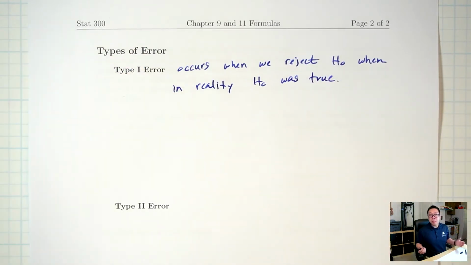So we made a mistake, right? We rejected H0 when in reality H0 was true. In other words, the data, the sample, is telling us to reject when in reality H0 is true. So what's the probability of this happening?